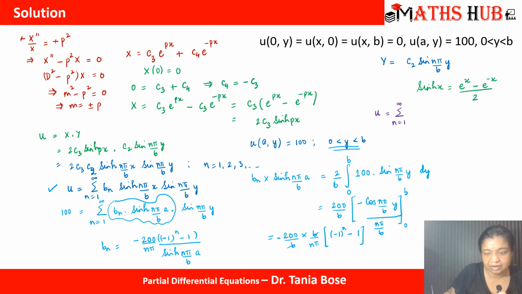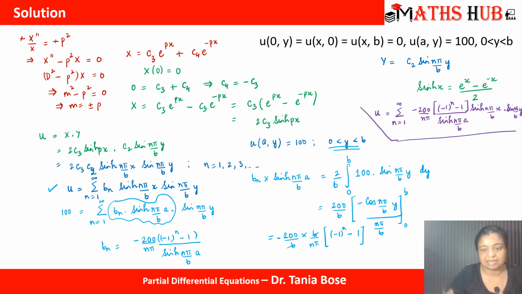We will replace bn with minus 200 by n pi, minus 1 raised to power n minus 1, divided by sine hyperbolic n pi by b a, multiplied by sine hyperbolic n pi by b x, multiplied by sine n pi by b y. So this comes out to be the value of u under the steady state temperature conditions, right?